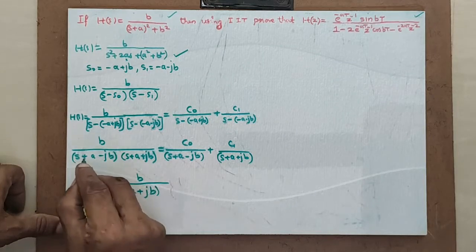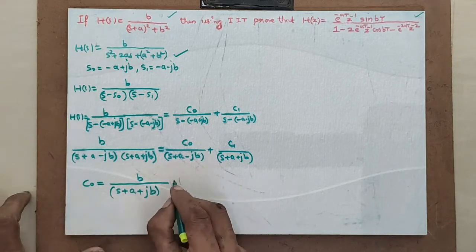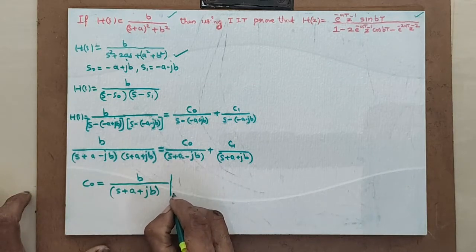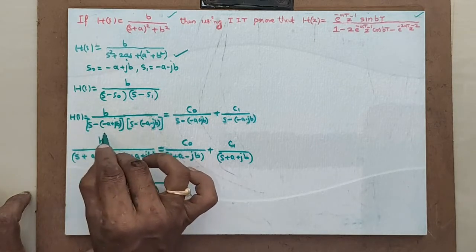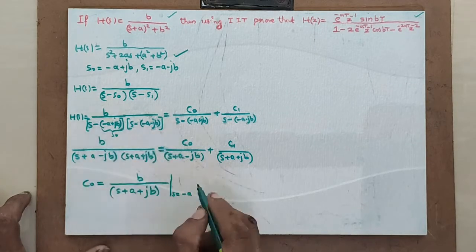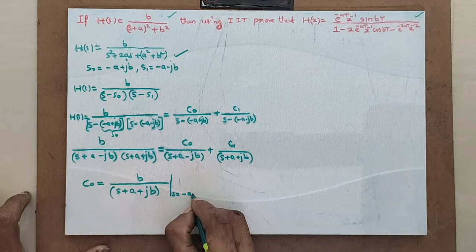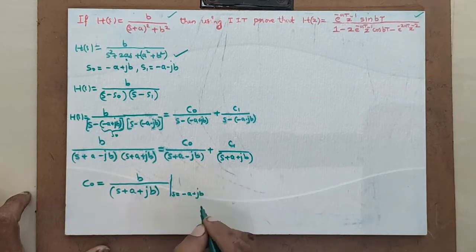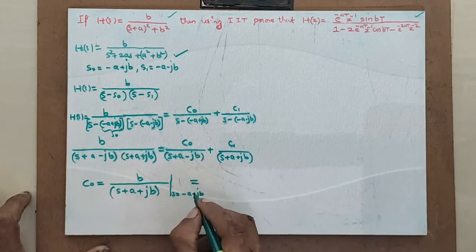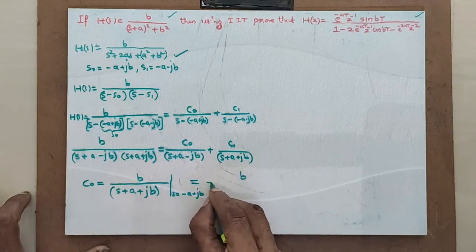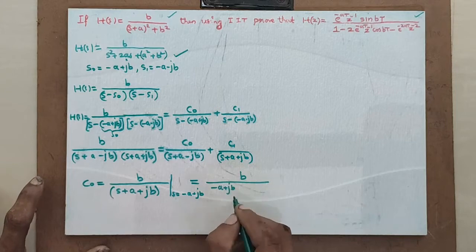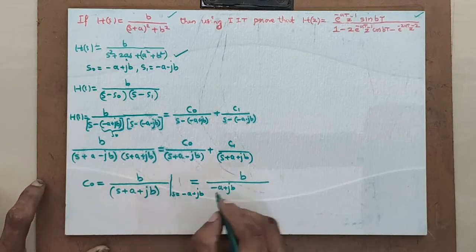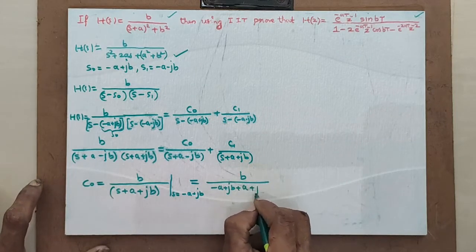Why? Because this holds with s equal to the first root, s0, s equal to minus a plus jb, right? That is equal to b divided by, with s equal to minus a plus jb, minus a plus jb plus a plus jb.